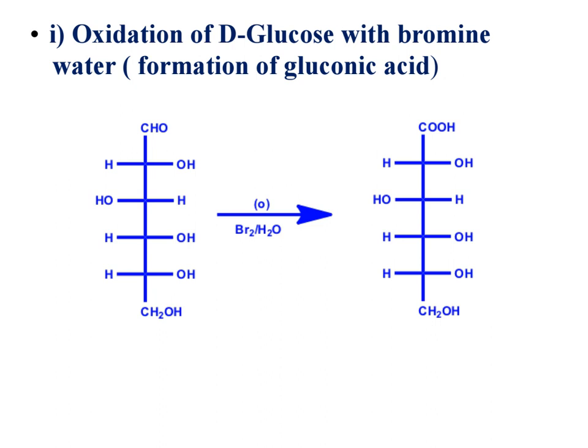Let's take glucose, which on oxidation with bromine water has its CHO functional group converted into carboxylic acid. As a result, we get aldonic acid; here, taking glucose, we get gluconic acid. The first step is an oxidation reaction with bromine water, which converts the CHO group in glucose into carboxylic acid.